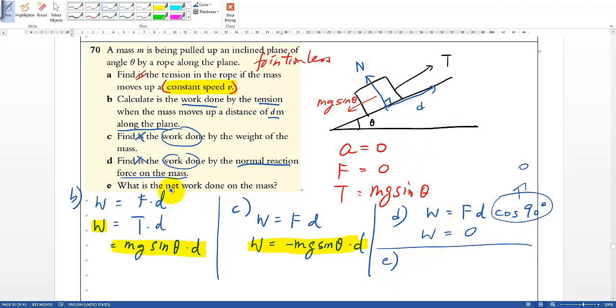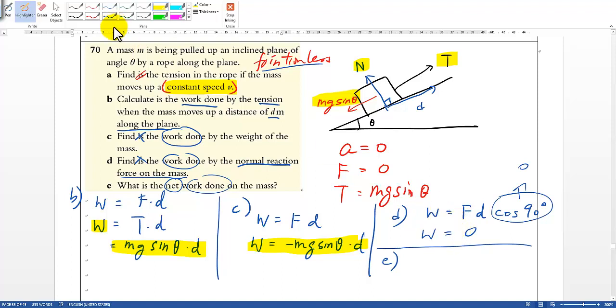So at the end, part E is asking you what is the net work done on the mass. So obviously, including all the forces, because there's only 3 forces, right? So that's why I do think there's no friction, because they didn't ask you about friction. The only 3 forces that we did are tension, mg sine theta, and normal force.